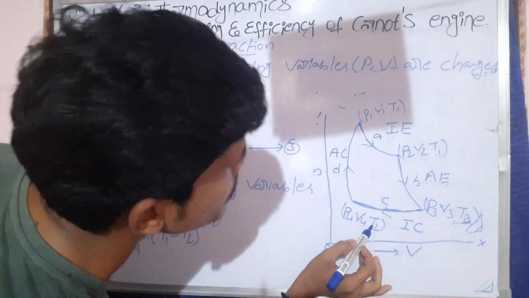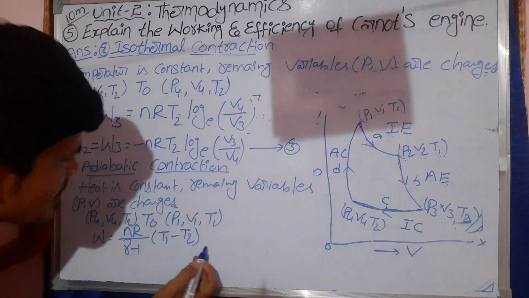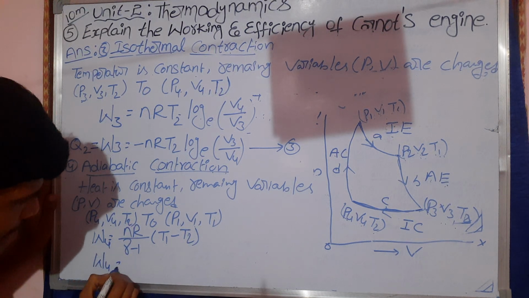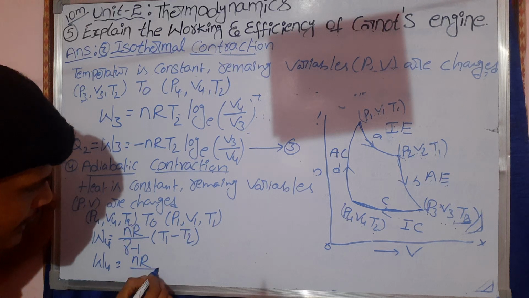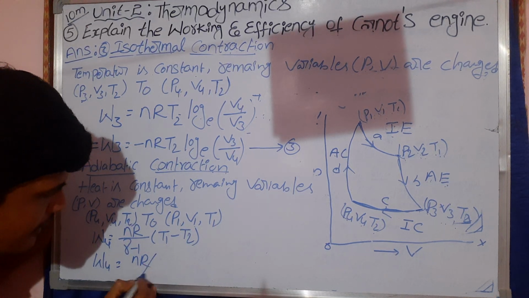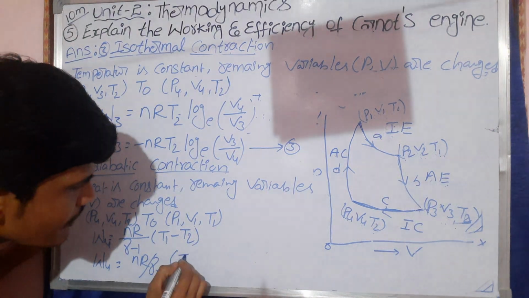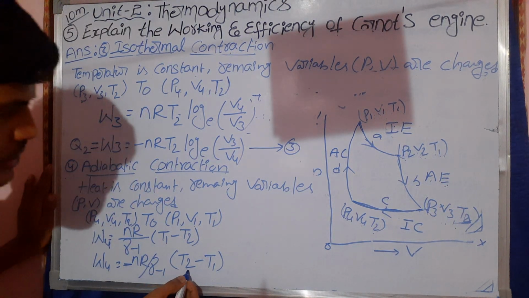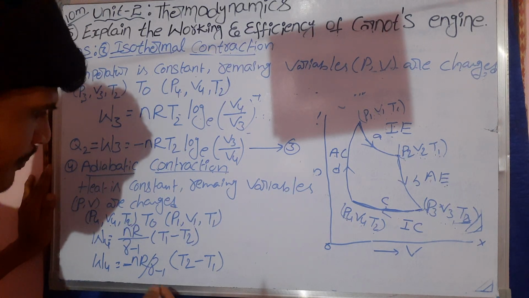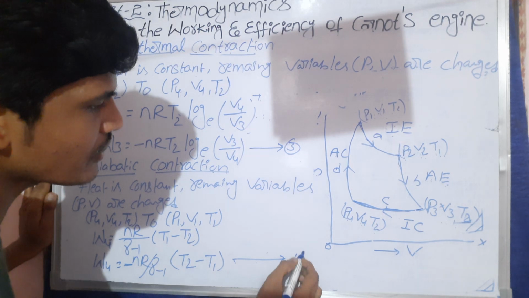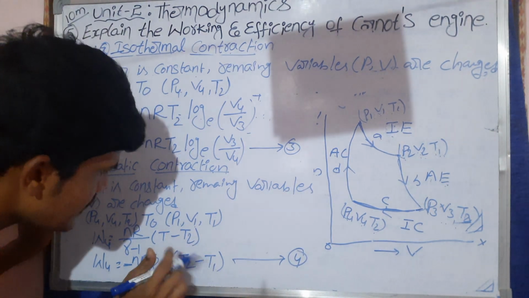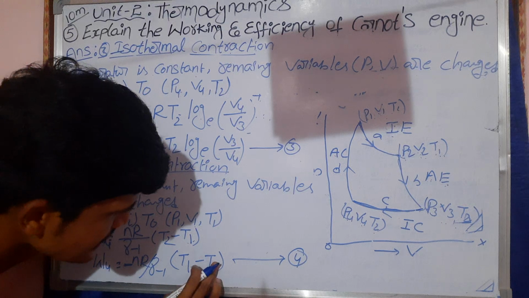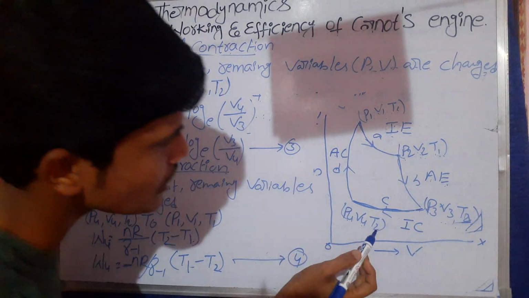So the fourth work W4 equals nR by gamma minus 1 into T2 minus T1, that is minus nR by gamma minus 1 into T1 minus T2. This is equation number 4.